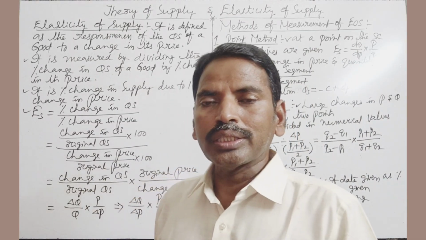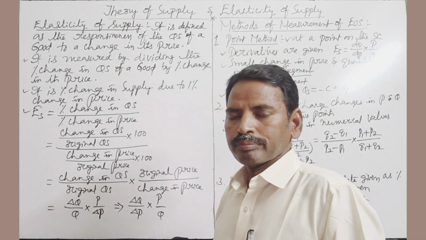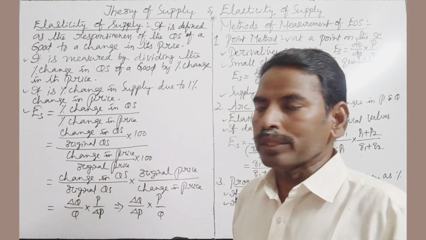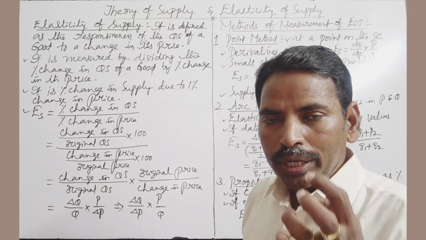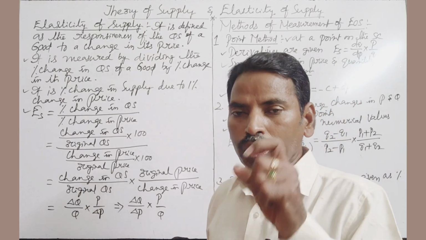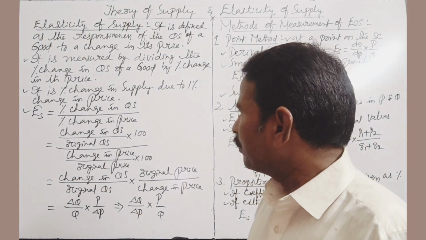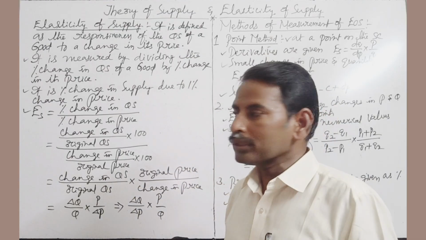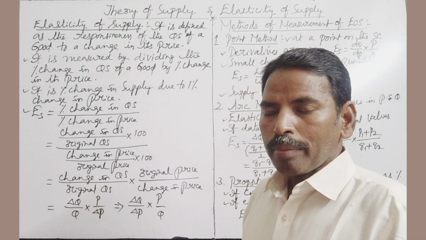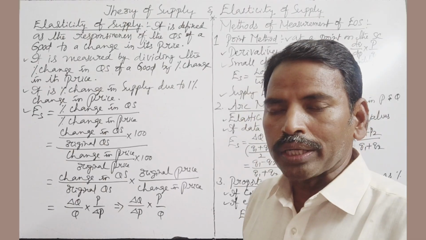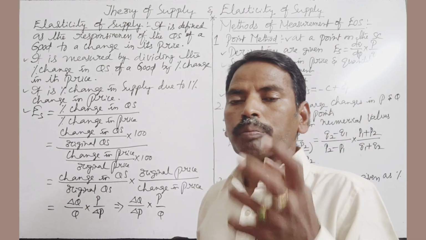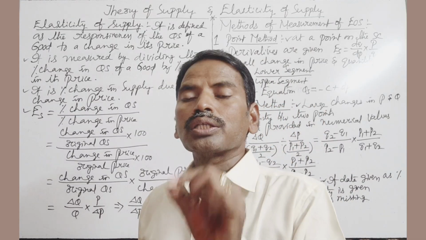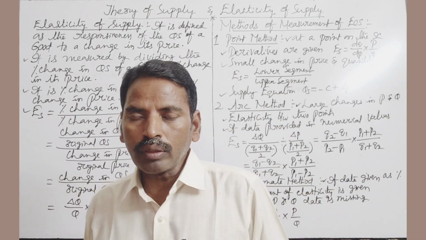This is known as elasticity of supply. In other words, elasticity of supply is measured by dividing the percentage change in the quantity supply by percentage change in its price. In other words, it is percentage change in supply due to 1% change in price. This is known as elasticity of supply.